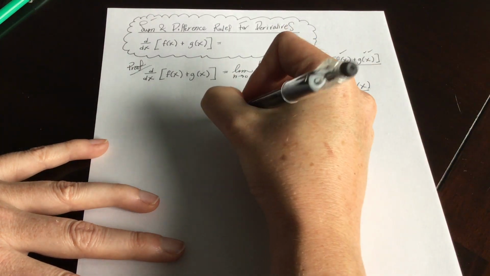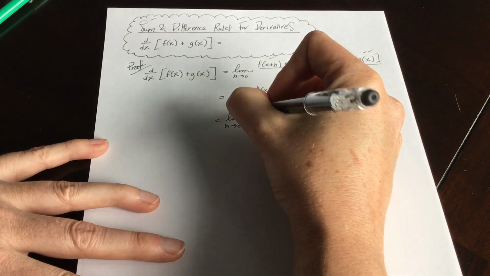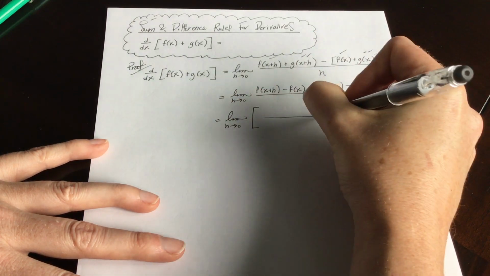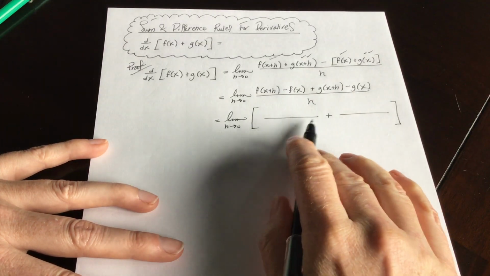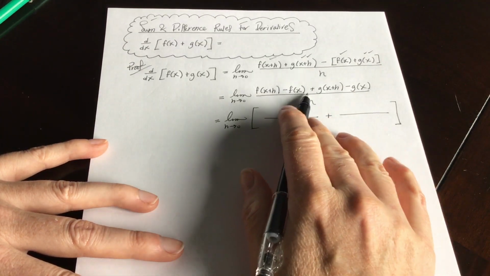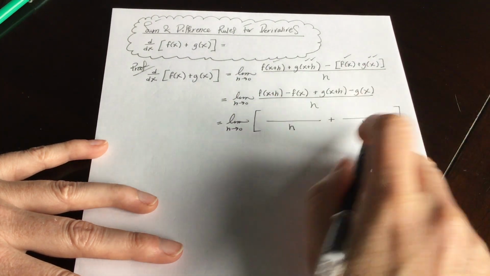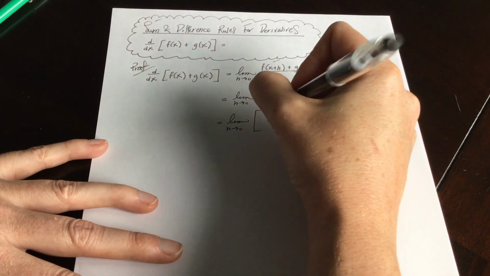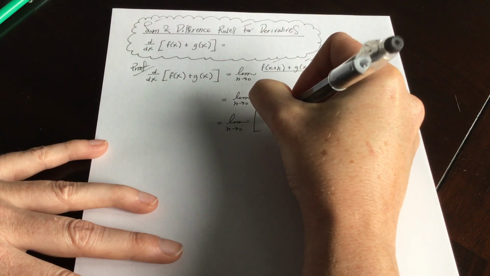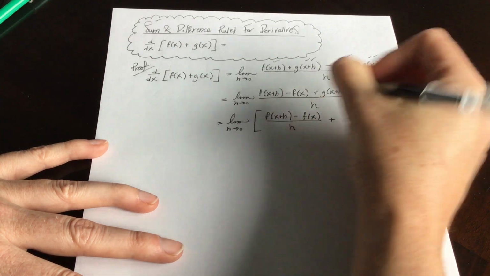Then I could rewrite this as the limit as h goes to 0 of, so let's think about what fractions could we add together to get this result. Well, let's keep the denominators both h, so you have common denominator. It would be this denominator. And then let's put f of the quantity x plus h minus f of x on this one. That would give you this part back.